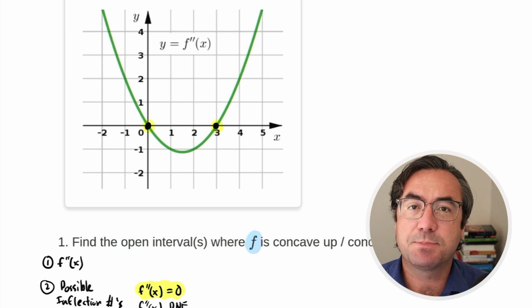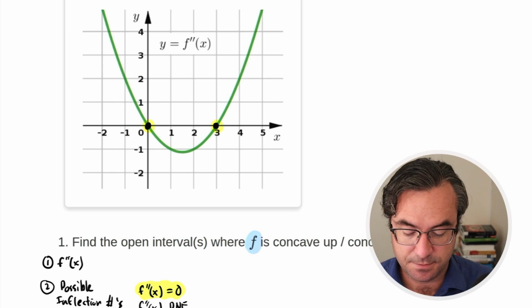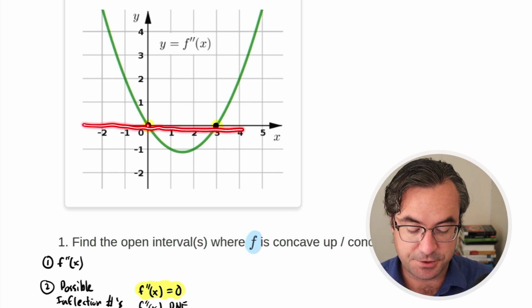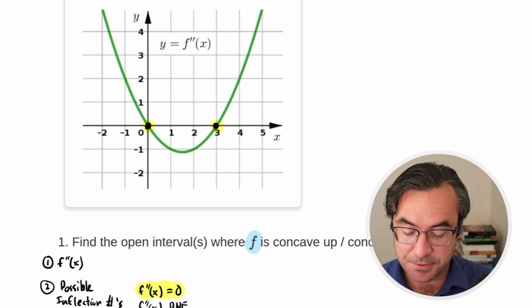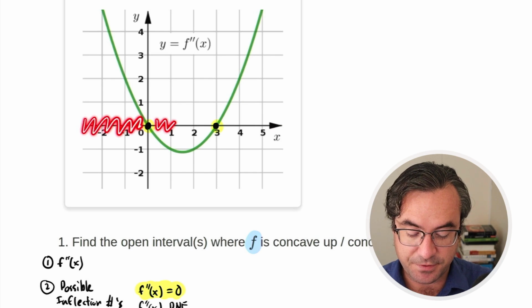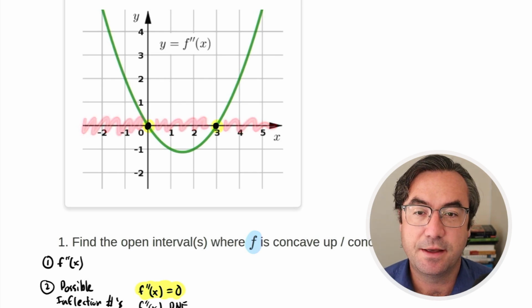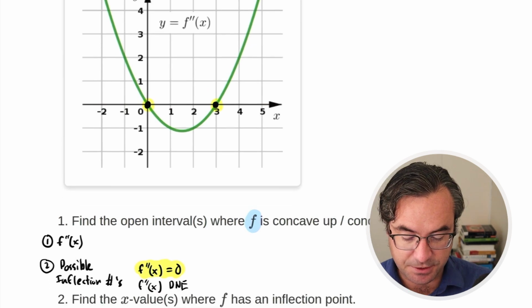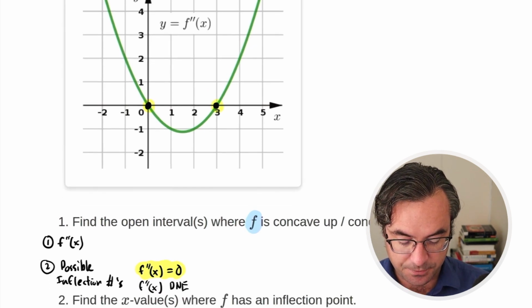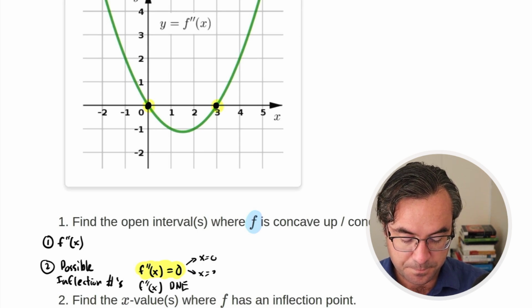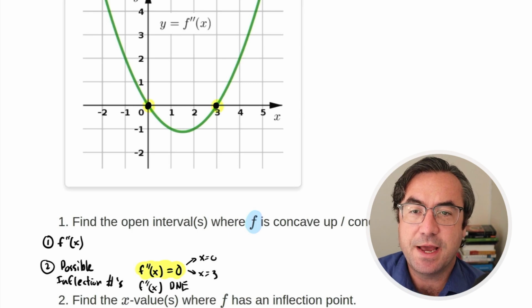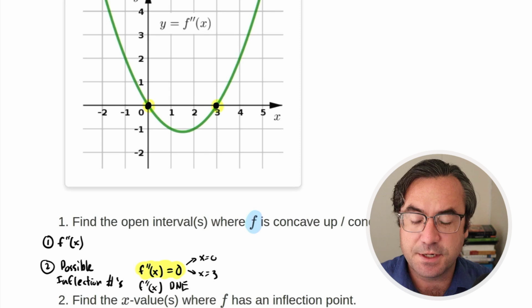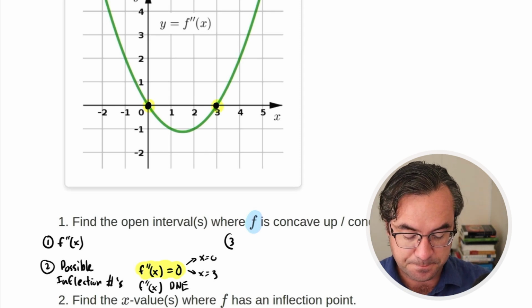They split up the x-axis for us, literally into 3 separate sections. We've got this section, we've got this section, and then there. All right, so once we identify those 2 places, in this case it's x equals 0 and x equals 3, well, then we do our sign chart. Normally we do our sign chart.